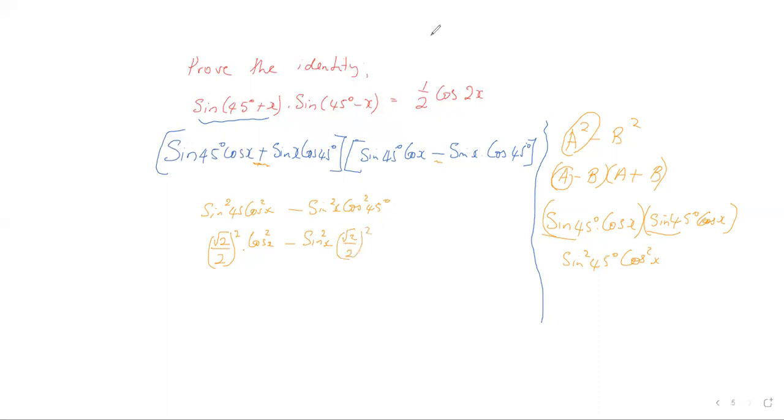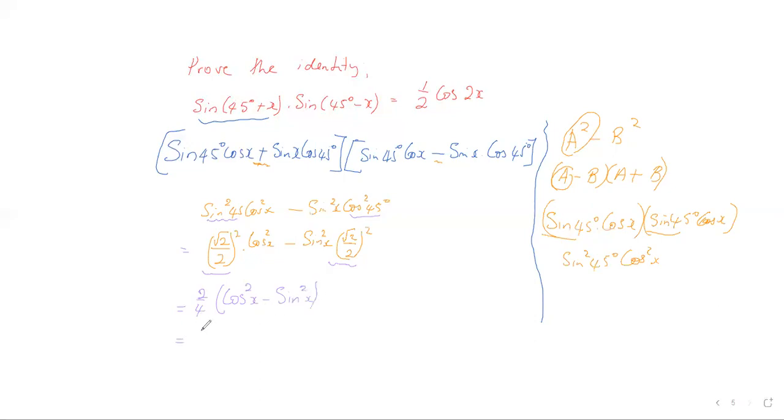Now it's clear to the eye that this is equal to that. Now that becomes 2/4, which is a half, of course, into cos squared x minus sine squared of x.